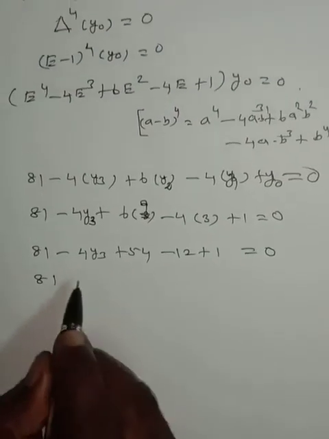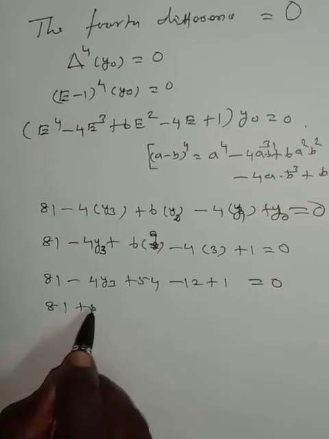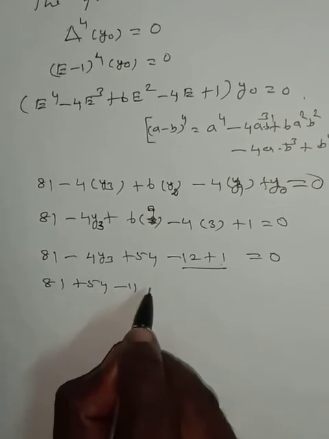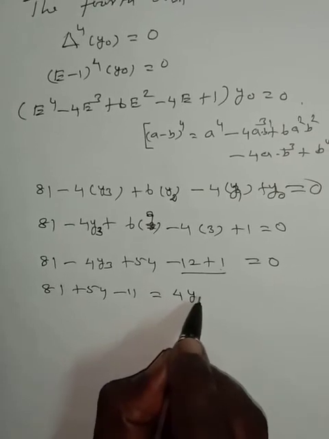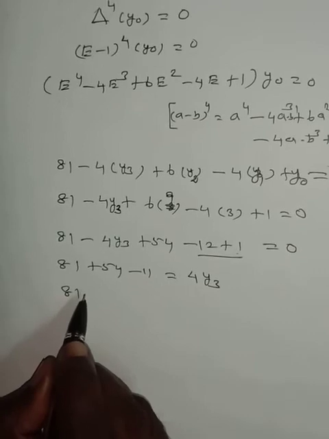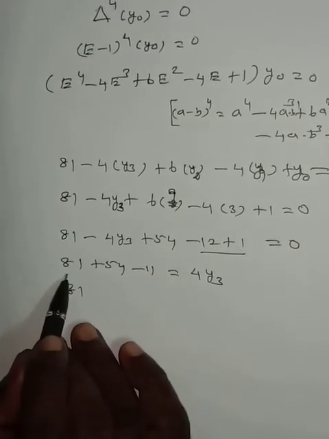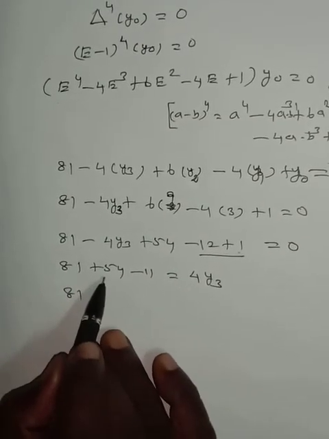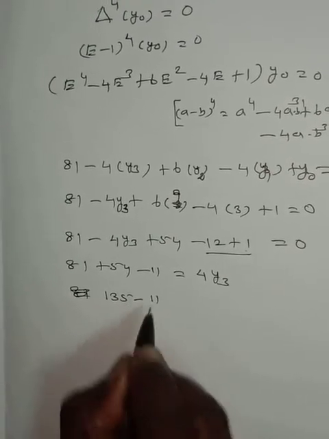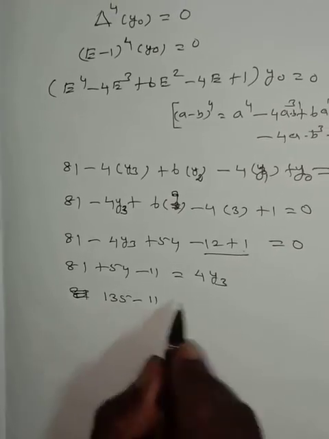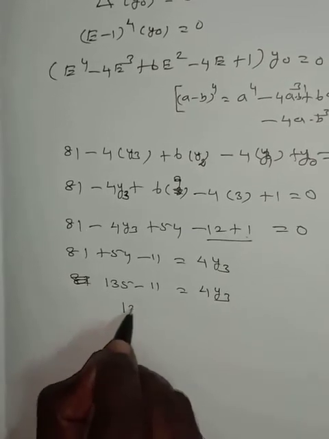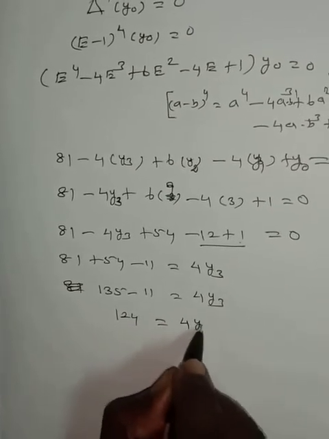81 plus 54 minus 11 is equal to 4y3. 81 plus 54 is 135, 135 minus 11 is 124, so 124 is equal to 4y3.